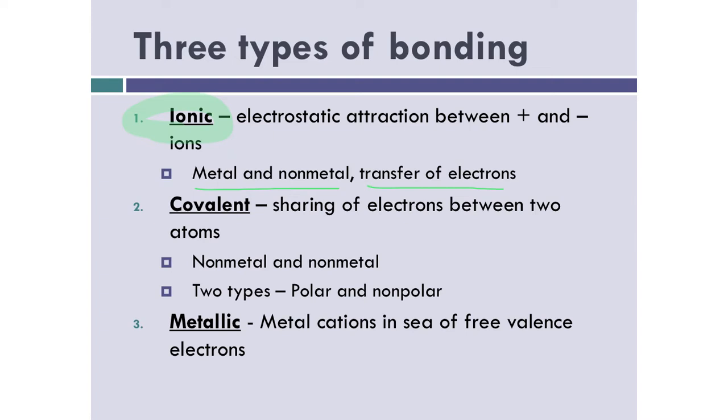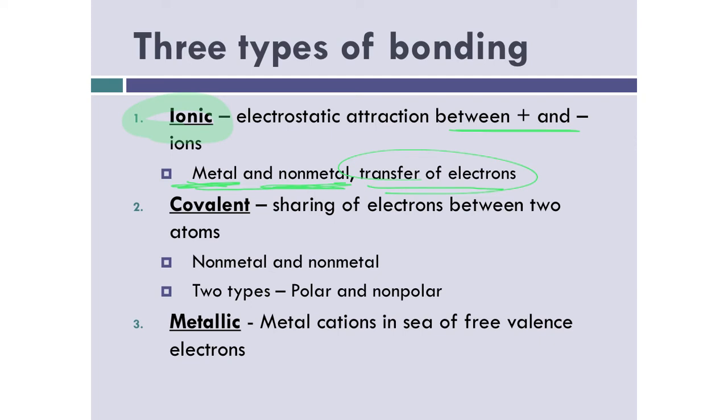And remember, the way that we tell that we have an ionic bond is, again, you will have a metal and a non-metal. The metal will be losing electrons to make a positive ion. The non-metal will be gaining electrons to make a negative ion, and that's why they're attracted to each other. And again, there is a transfer of electrons.